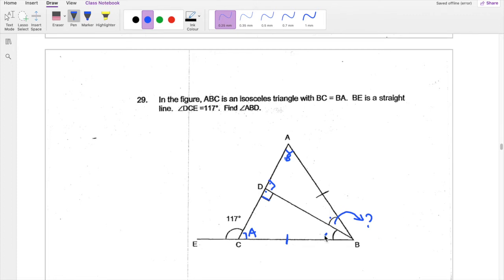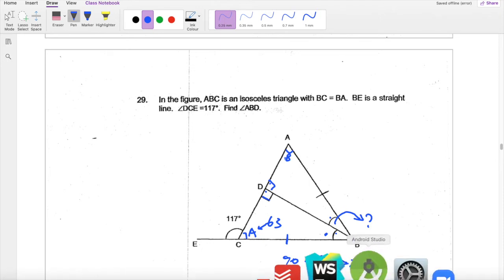Then if this is 117, how about this angle? It's 180 minus 117, which is 63, right? Then how about this angle? For this right angle triangle, this angle is 90 minus 63, which is 27, right? Is this one.